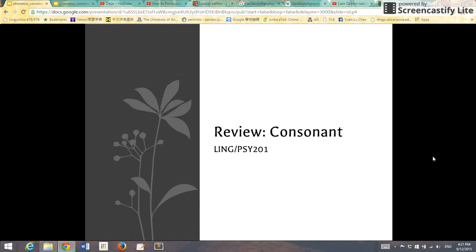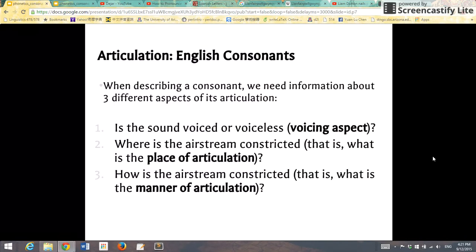Okay, consonants. So remember that when we classify the English consonants, all the consonants universally, we have 3 dimensions. We have voicing, we have place of articulation, and manner of articulation. Remember the pizza analogy last time.